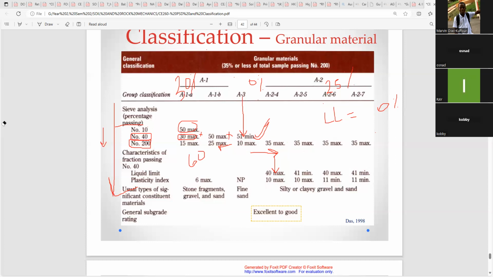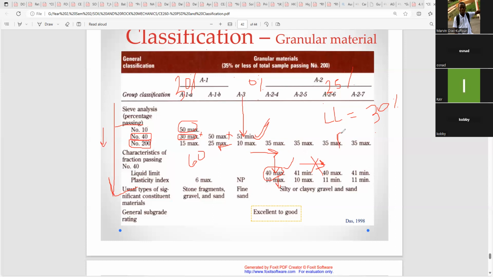So let's make it 30%. Maybe the liquid limit is 30%, or it can be 12%. Anything. Do you get it? So if it is 30%, then it means that we've qualified for the next characteristic. We won't go this way again. We just come straight to the next characteristic and check whether it will pass.